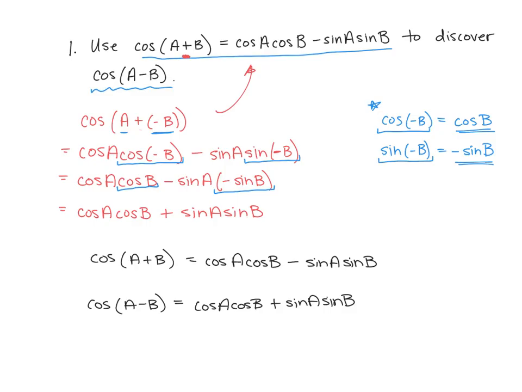So a couple of things that I want you to recognize when we're building these. For cos, our compound angle identities for cos, you'll notice when there's addition between our compound angle, we see subtraction over here. When there's subtraction, we have addition. Otherwise, you'll notice it's the same pattern. Cos of our first, cos of our second, sine of our first, sine of our second.